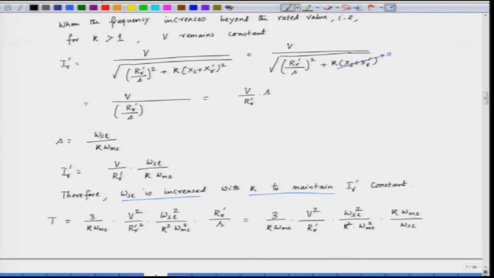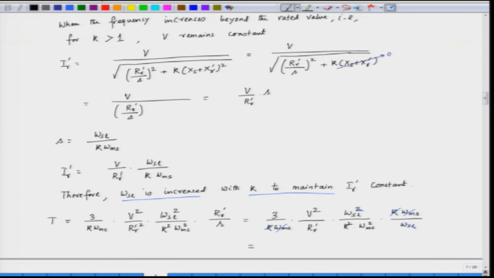Here we have some cancellation. Omega m s gets cancelled with omega m s here, and we have just one omega s l. Also we have one k here, and here we have one k.